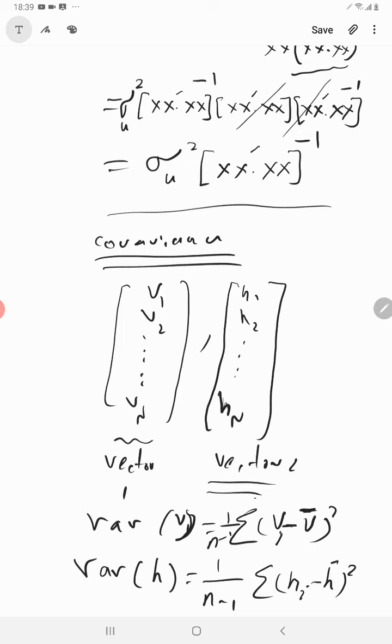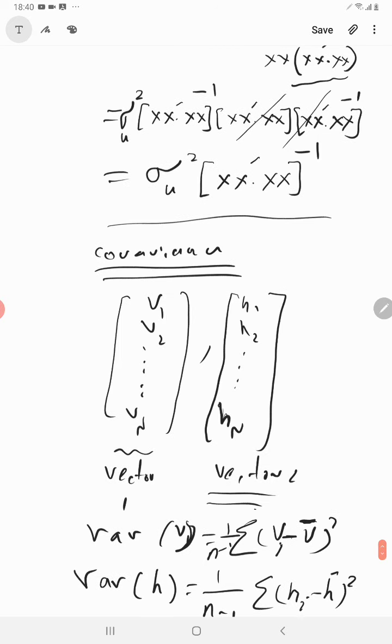If we divide this by n minus 1, which is 99, 1 over 99, you'll get the covariance matrix. You compare it with the MATLAB result, and it's the same. That's how we calculate the covariance matrix by hand.